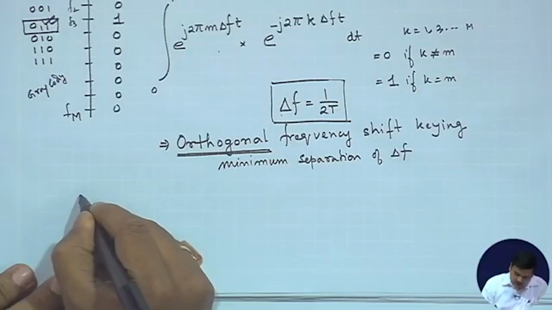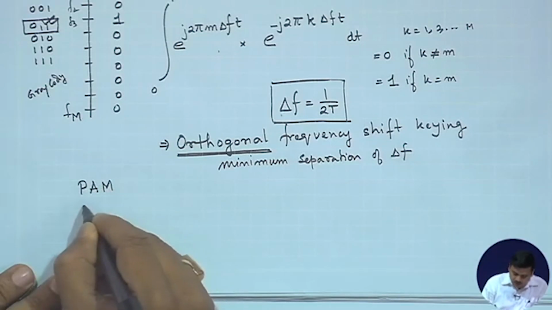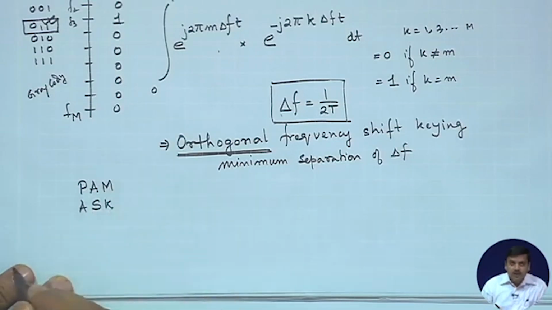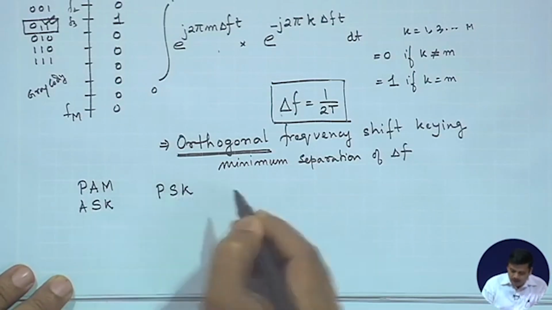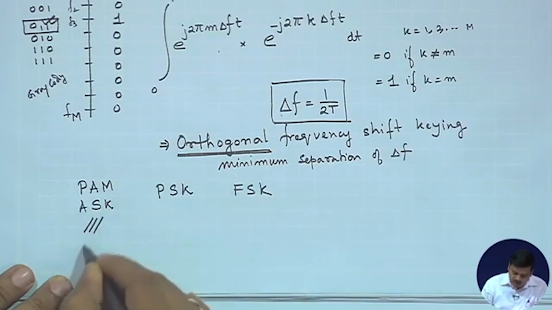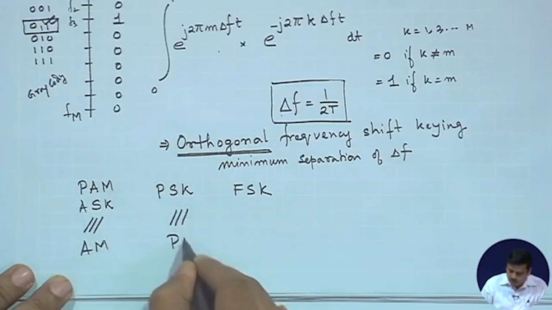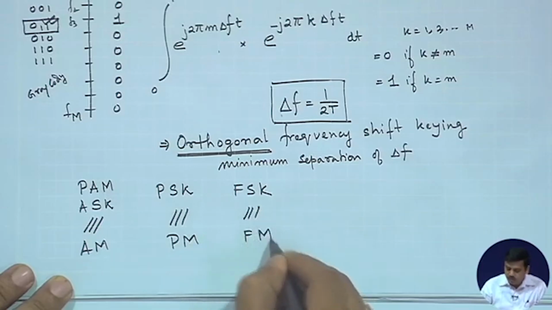So, in summary, at this point what you can state is that we have done pulse amplitude modulation, which you could also say as amplitude shift keying. We have done phase shift keying, and we have done frequency shift keying. This is analogous to amplitude modulation, this is similar to phase modulation, and this is similar to frequency modulation.